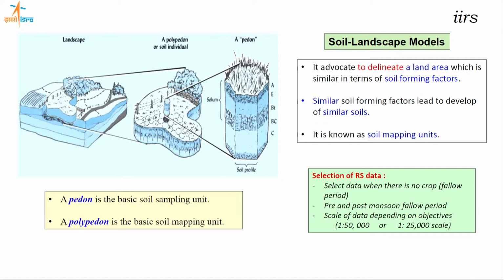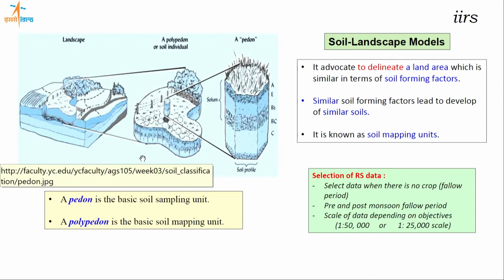Then you delineate one area, so land you can divide into various units, and in each unit you study a single soil profile. Here I am studying this soil profile, and I am calling it a pedon, and in this area all the point soils will be similar.